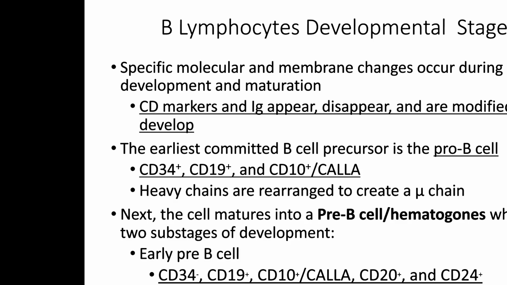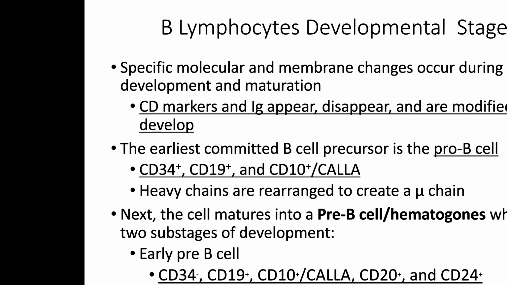Like I mentioned, these CD markers and IgGs tend to appear and disappear as the cell develops. The earliest committed B cell precursor is called the pro B cell. It'll stain CD34 positive, CD19 positive, and CD10 positive.